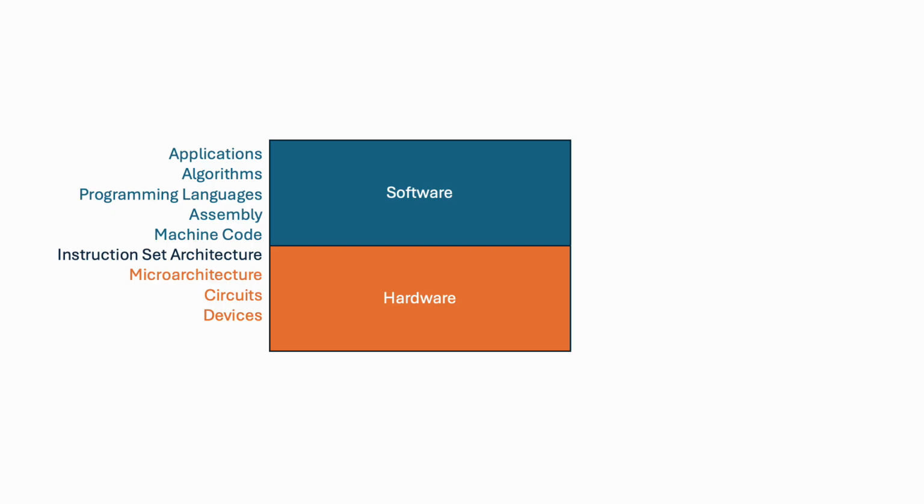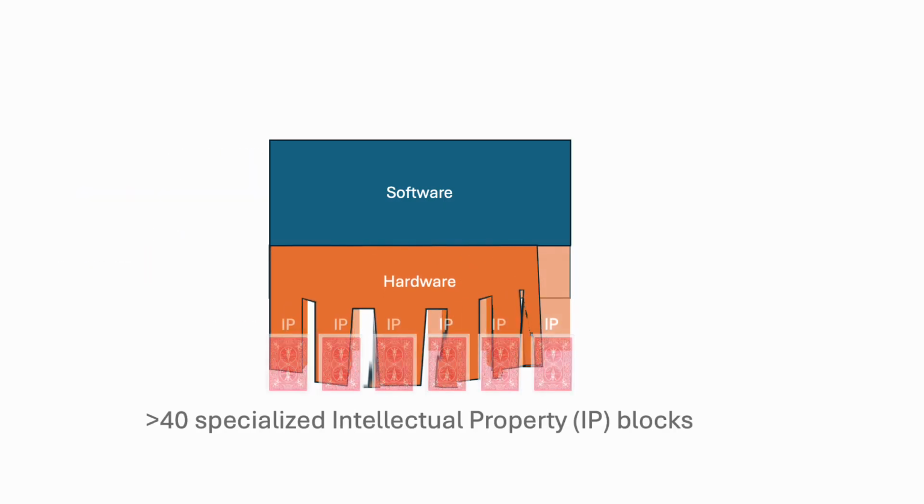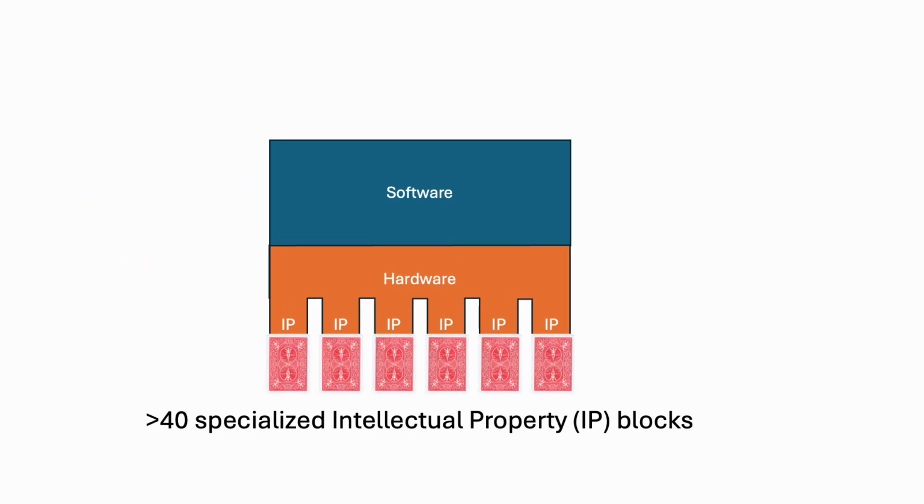it being difficult to verify hardware designs is something that's only getting worse, because hardware designs are becoming more and more reliant on these IP blocks, which are bits of HDL that do a very specific task really well.